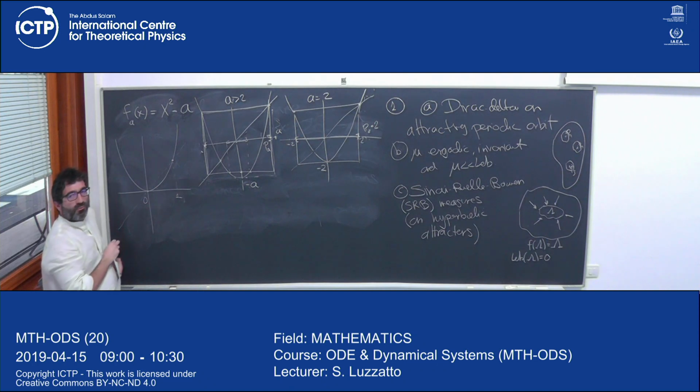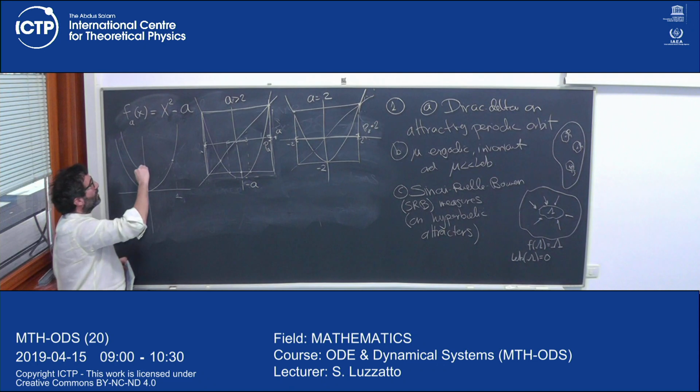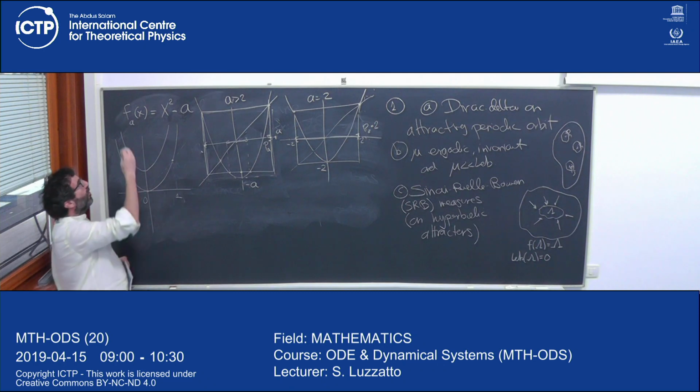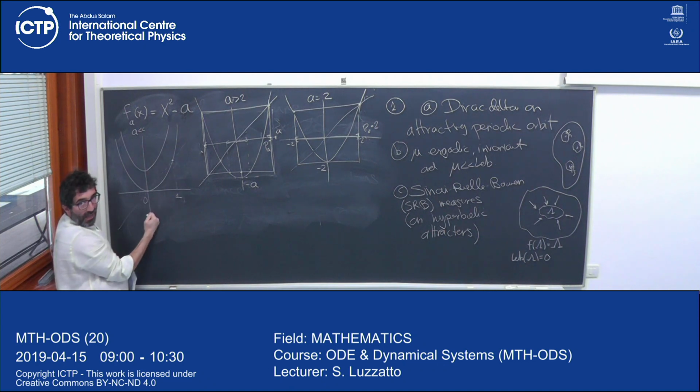Are there any parameters for which there are no fixed points? Yes. If we draw the parabola here, this is when A is equal to 0. When A is positive, we're moving down.